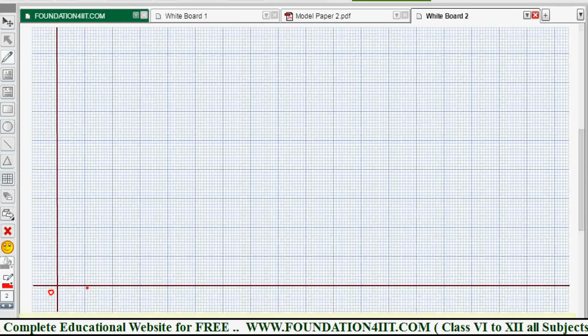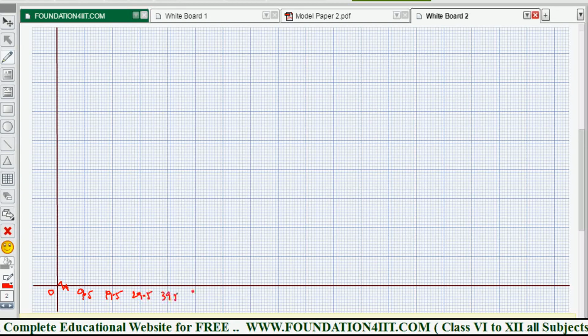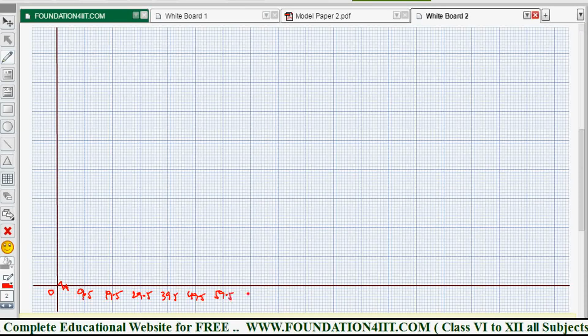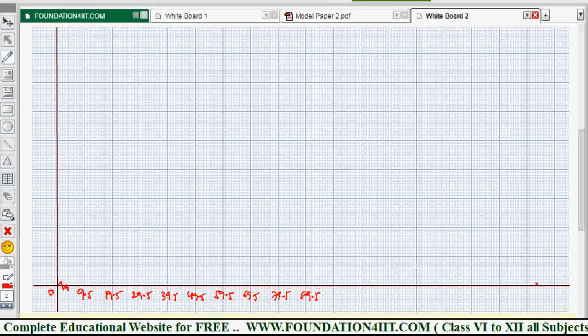There is 0, so you can use a kink symbol because it's not from 0. Starting is 9.5, and next is 19.5, 29.5, 39.5, 49.5, 59.5, 69.5, 79.5, 89.5 on the x-axis, and on the y-axis it is 200.